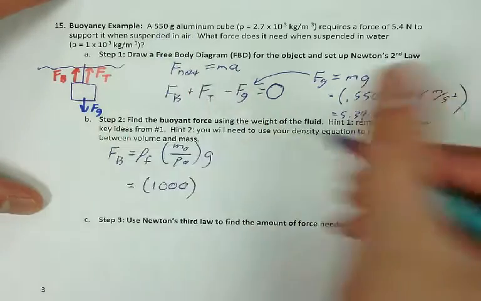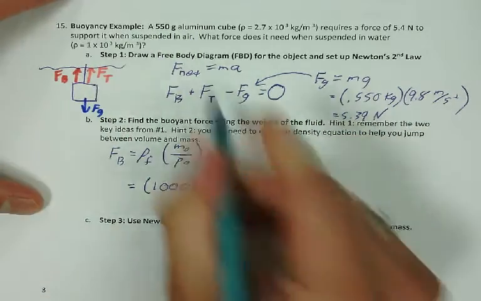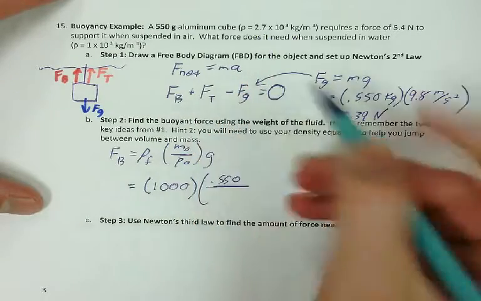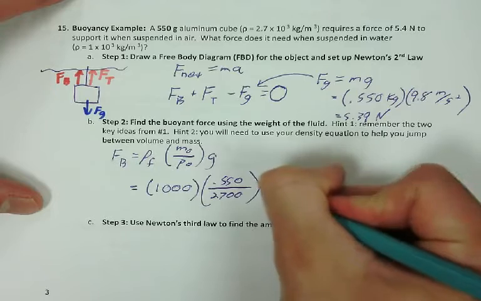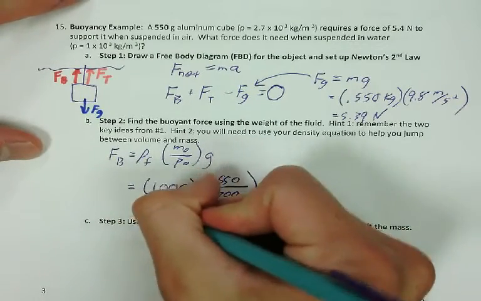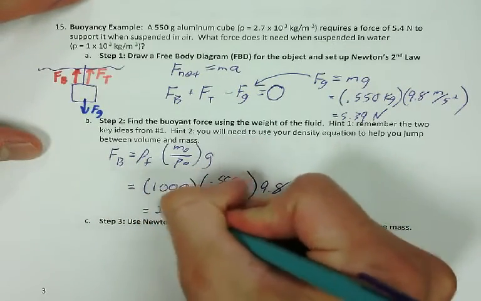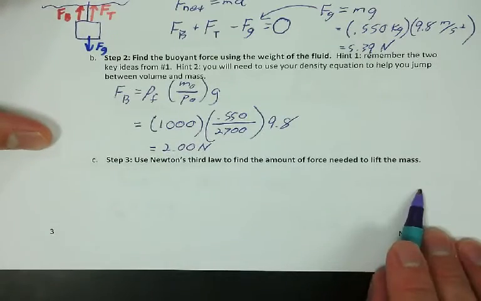It's a 550 gram aluminum cube, so that's 0.550 divided by the density of the object. 2.7 times 10 to the third is 2,700 times g, which is 9.8. So 1,000 times 0.550 divided by 2700 times 9.8 gives me a buoyant force of 2.00 newtons.